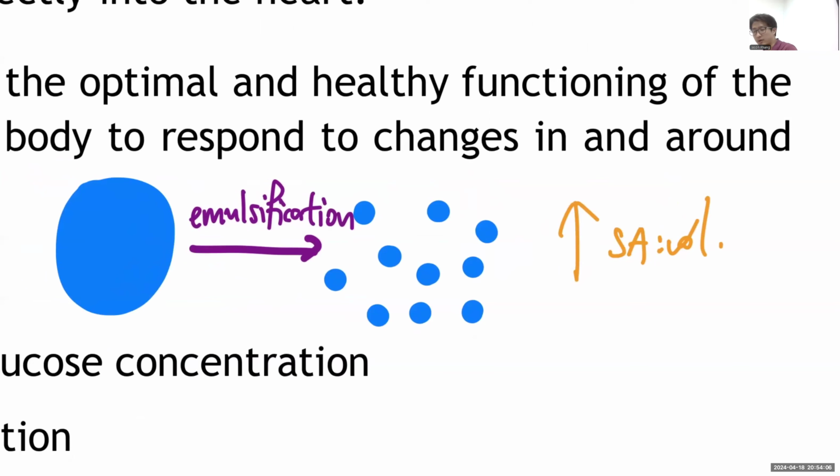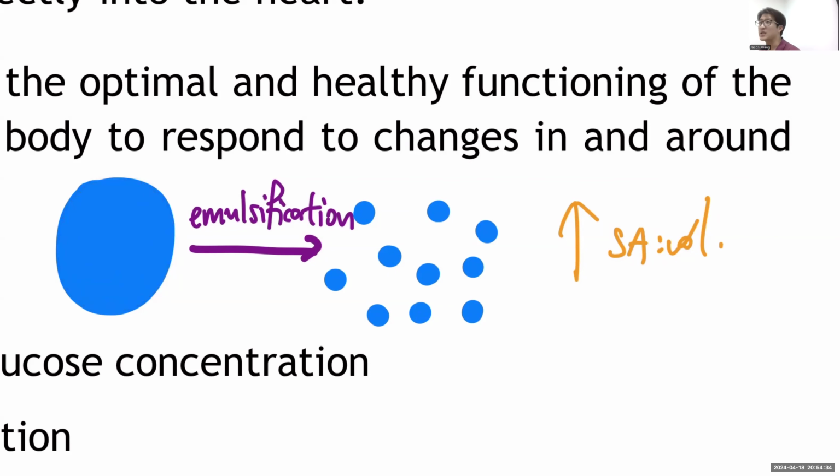The greater the surface area to volume ratio, the more effective the enzyme can function. What enzyme are we thinking of here? So what is this molecule? Fats, so what's the enzyme here to break them down? Lipase.